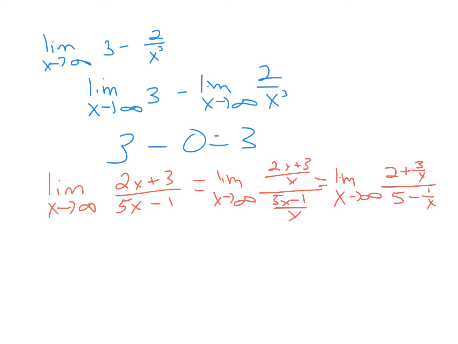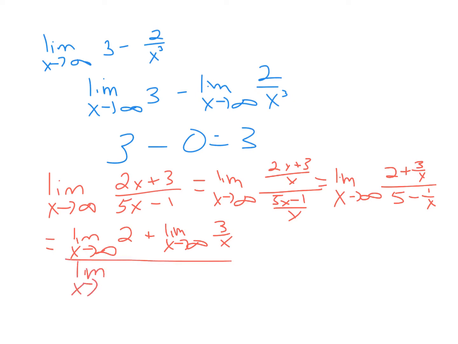Well, just like in the previous problem, except we have a numerator and denominator this time, we are going to do the limits individually. So we are finding limit as x approaches infinity of 2 plus limit as x approaches infinity of 3 over x, divided by the limit as x approaches infinity of 5 minus limit as x approaches infinity of 1 over x.